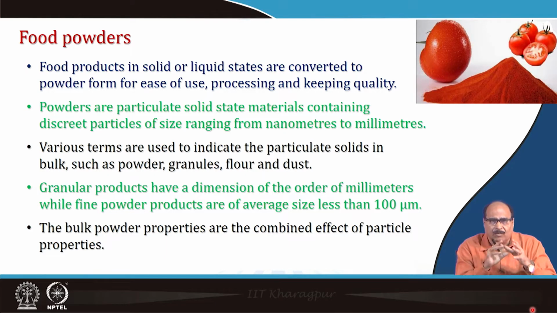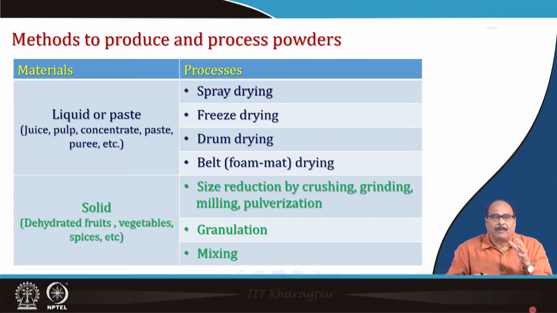Although they are particles of various sizes, on the basis of their sizes they are named as either powder, granule, flour or dust. Granular products have a dimension of the order of millimeters, while fine powder products have an average size of less than 100 micron. The bulk powder properties are the combined effect of the particle properties.